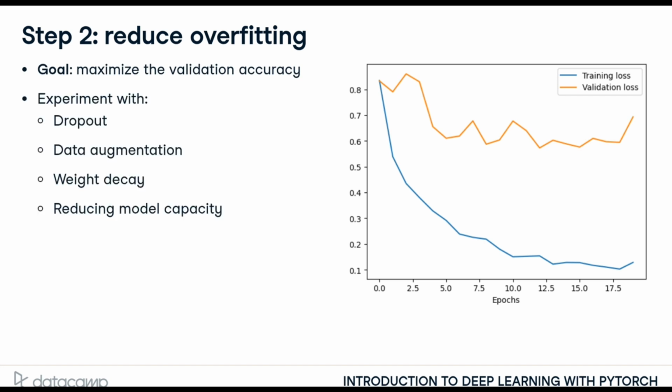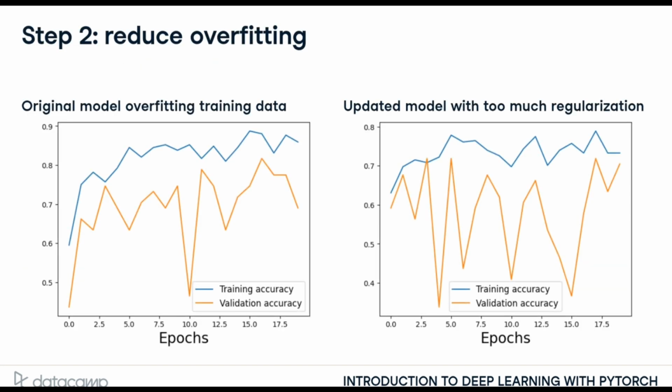We know a few strategies to reduce overfitting, such as including dropout layers, data augmentation, weight decay, or reducing the model capacity. We need to keep track of the different parameters and the corresponding validation accuracy for each set of experiments. Reducing overfitting often comes at a cost, as applying regularization can significantly impact model performance.